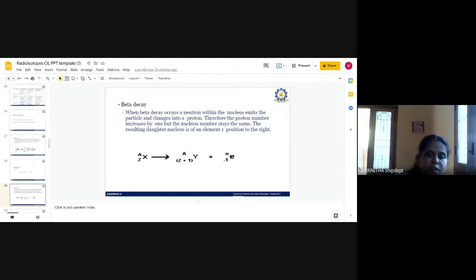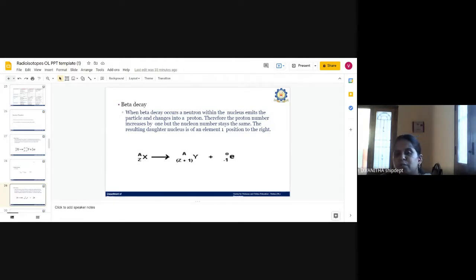This is the symbol of an electron: if beta decay occurs, one electron is emitted from the nucleus. The symbol of the electron has atomic number -1 and mass number 0.